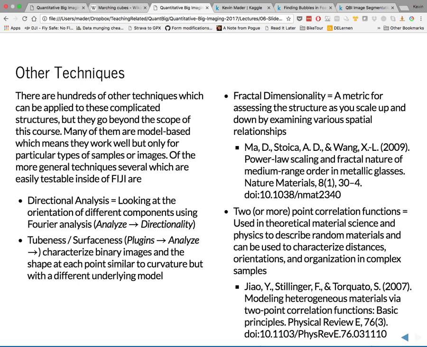For the really more advanced material science problems, you have these correlation functions that you can use, where you have two or more point correlations, where you try to model a 2D or 3D structure in a correlated space, where you can then look at the consistencies or the changes in the structures as they're approximated by this correlation function.